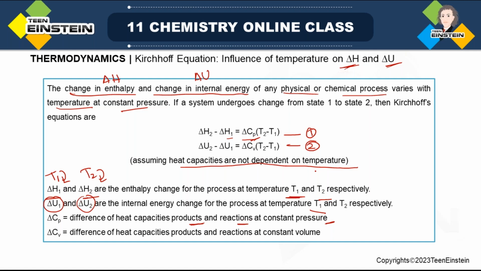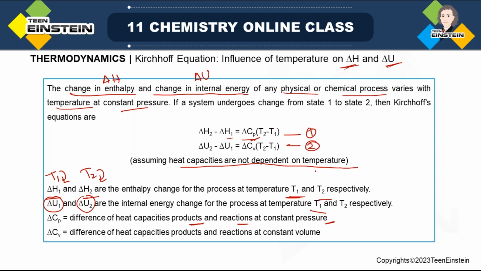But if the change in temperature is very low, that is the difference between T2 and T1 is low, under that condition you can consider that heat capacities are not dependent on temperature. But don't think it is always true, it is not universal. Sometimes it may depend on temperature, but that is a special case.